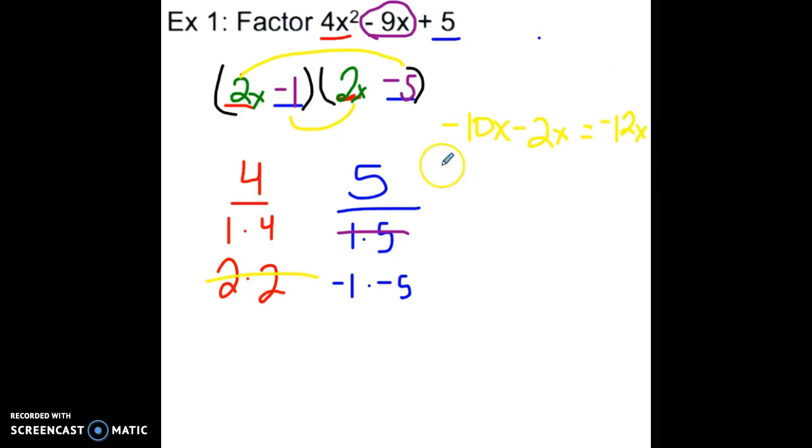So let's try a different setup. Let's try the 1 and the 4.